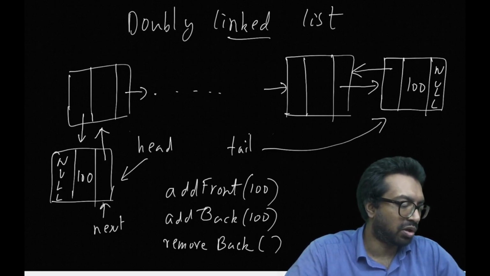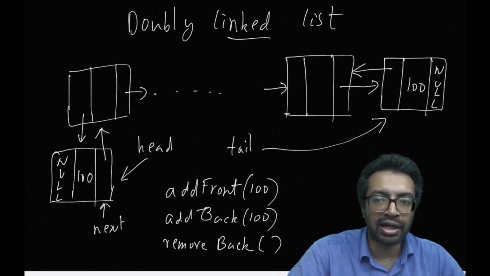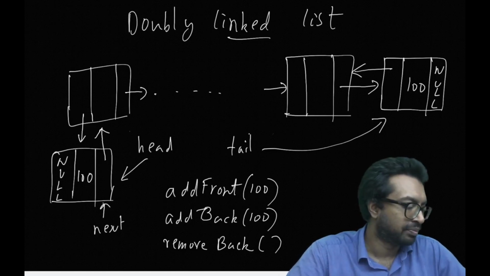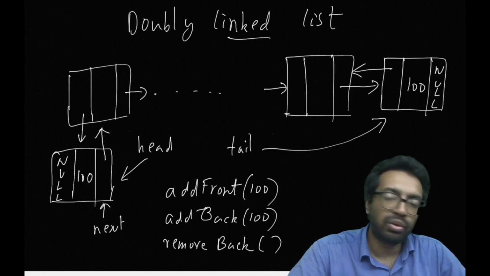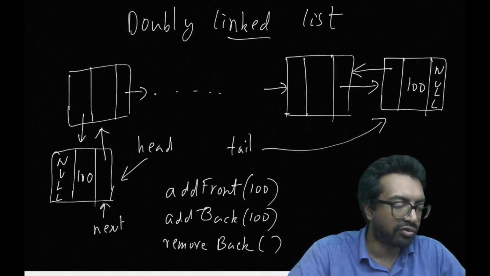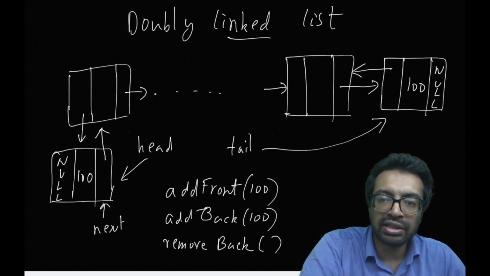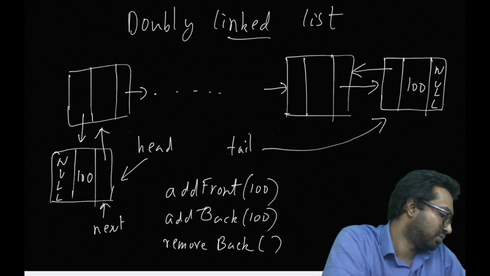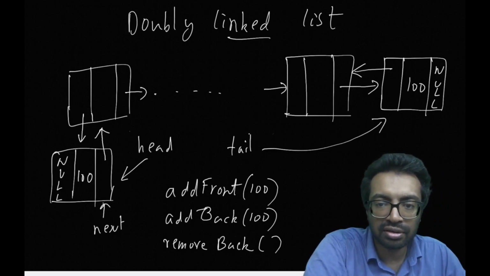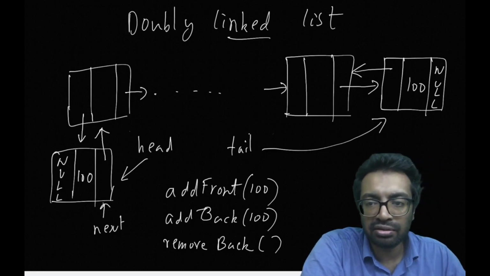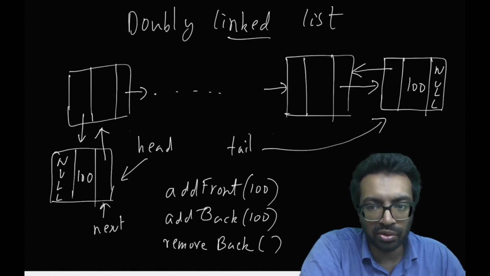So if I wanted to remove the last node, how will I do that? I have to find out the second last node. How will I get that? I go to the tail. Tail gives me the last node.